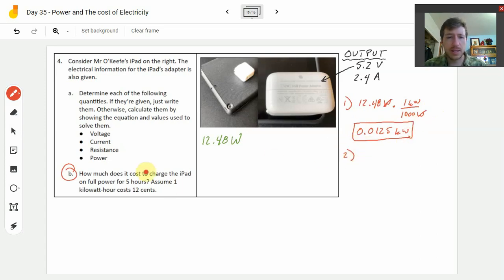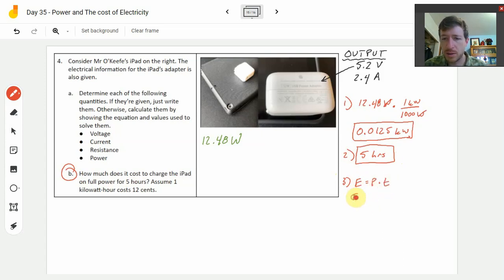Number two, we actually calculate the time used. In this case, the time is pretty easy. We charge on full power for 5 hours. 5 hours, done. Time's already been calculated. And we find the energy in kilowatt hours. Well, energy is equal to power times time.